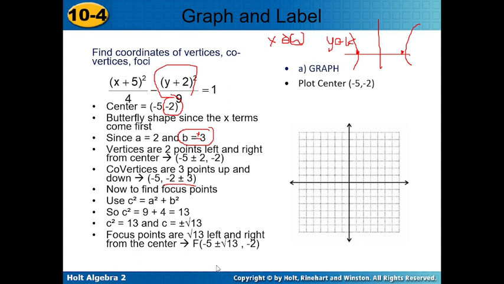So this is how we are going to graph that one. We're going to plot the center. This is our center, and we're going to go 2 units to the left and to the right, and these are our vertices. And we're going to have our co-vertices, which are 3 units going up and going down.